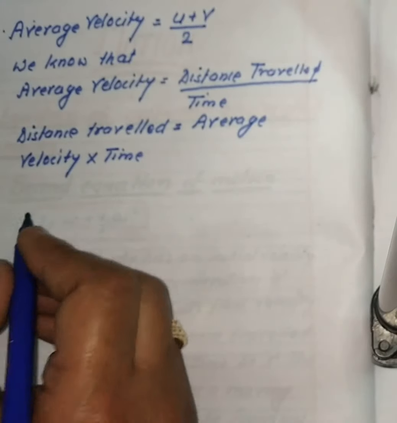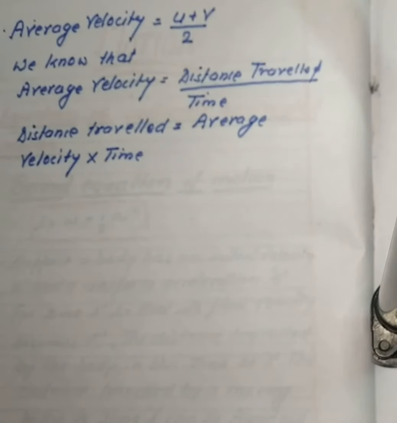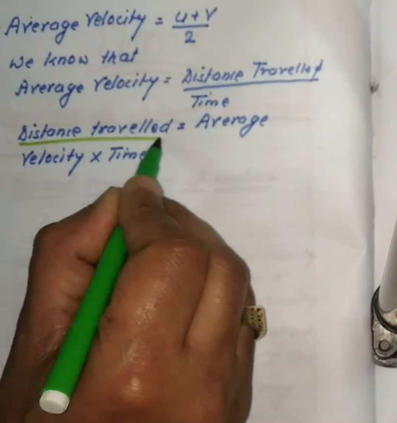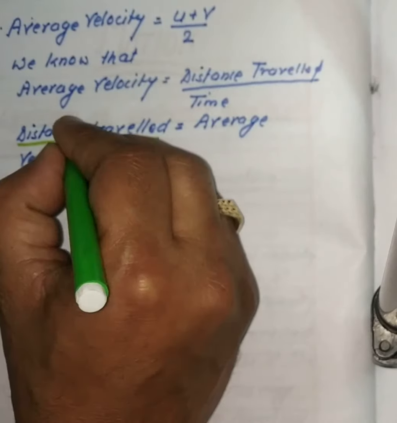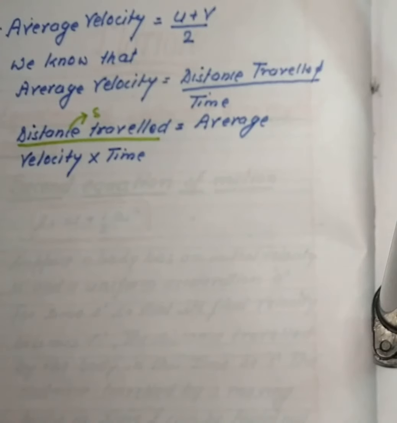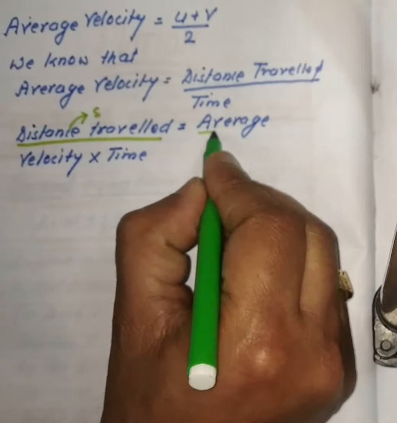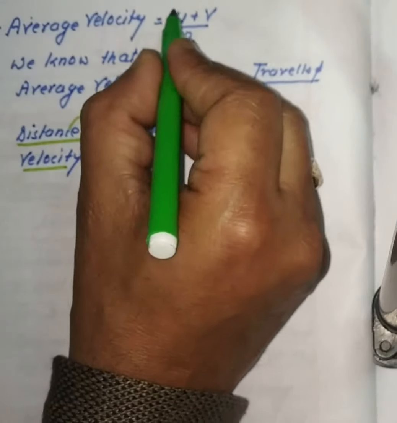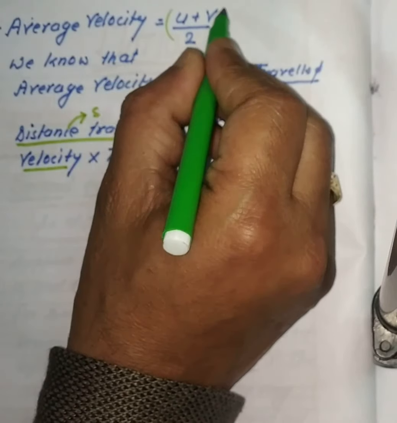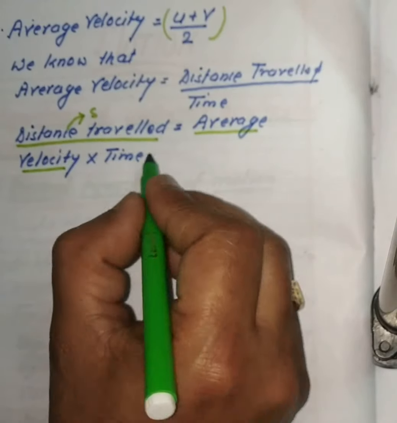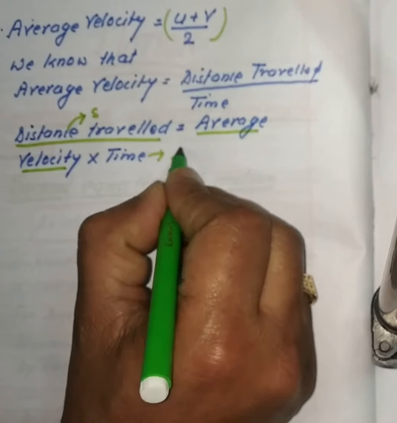In place of distance traveled, we can write s. In place of average velocity, we can put u plus v upon 2. In place of time, we can write t.